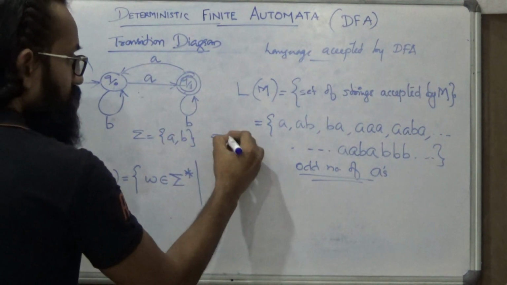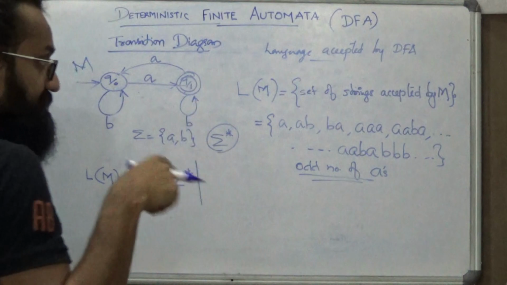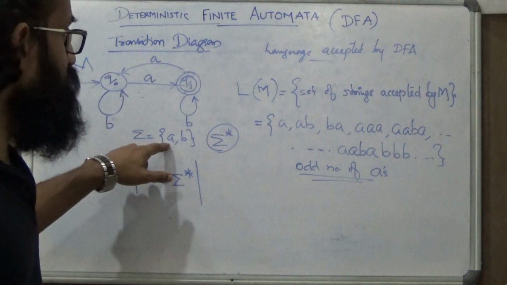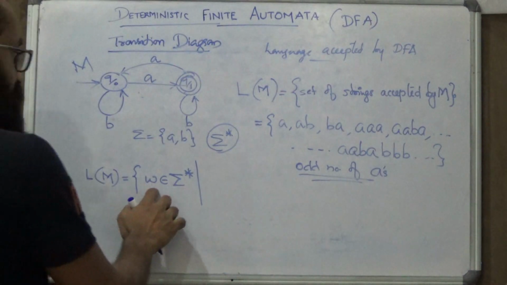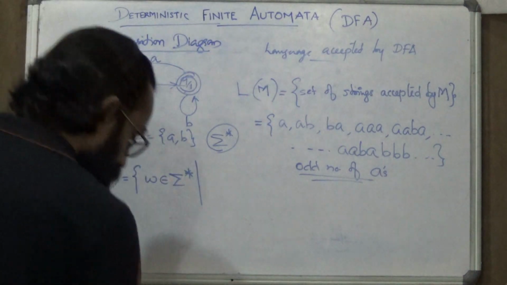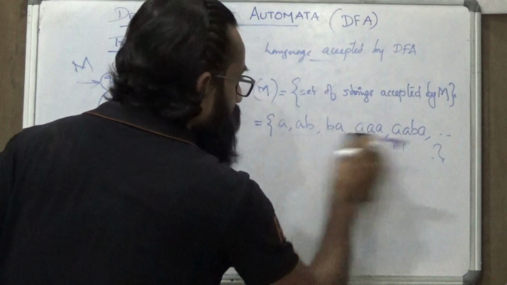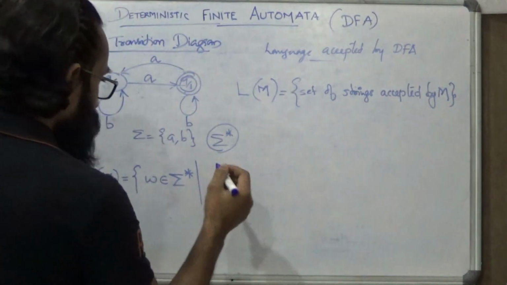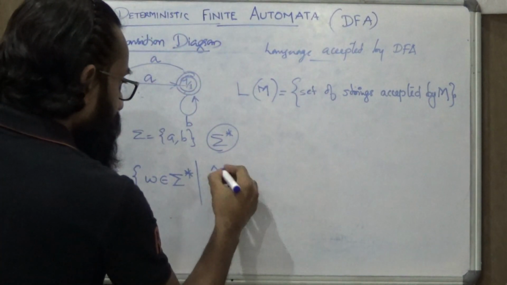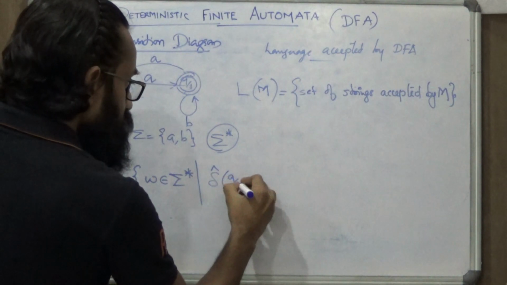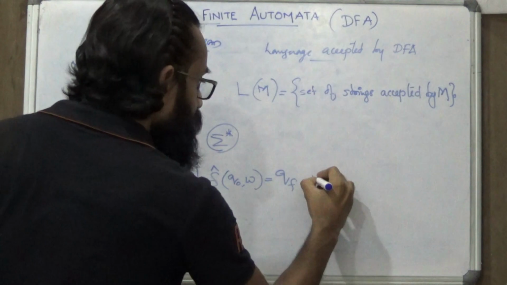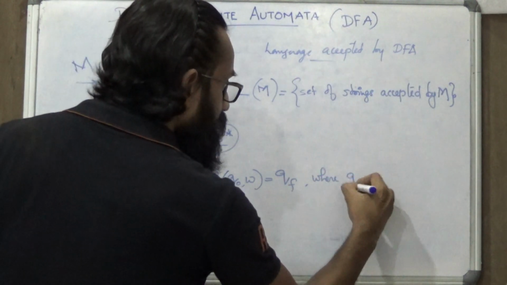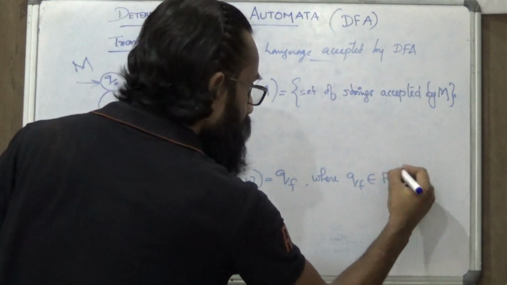So sigma Kleene closure means all strings that can be generated using A's and B's including the null string. So W belonging to sigma Kleene closure such that delta cap of Q0, W is equal to QF, where QF belongs to F.